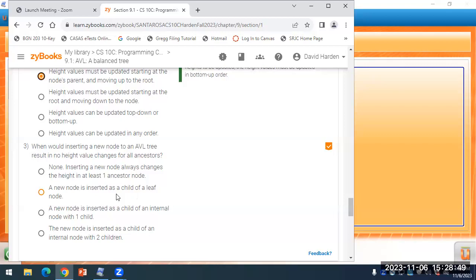A new node is inserted as a child of an internal node with 1 child. Probably right there. Because if there's 1 child, that means that either the heights are the same now, or the height of the other subtree was already larger, and so adding 1 in the other direction isn't going to change it. I guess it can't be too much larger, else it wouldn't be a balanced tree. True.